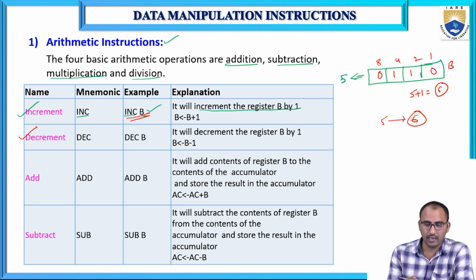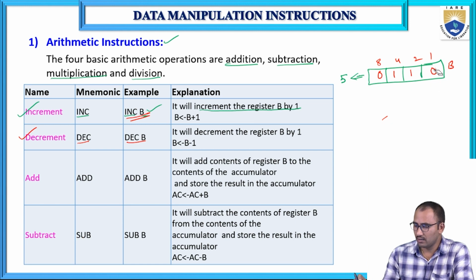And coming to the second one, decrement. Similarly, using the decrement instruction, its value will be decremented by 1. Suppose the register has 0111. What is the value?